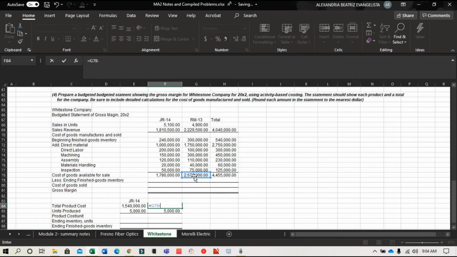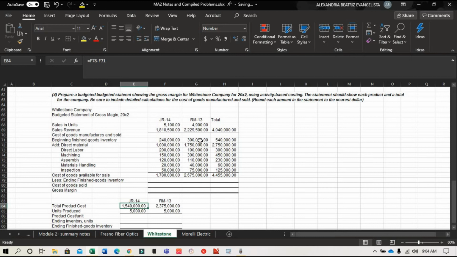So the total product cost for JR14 is 1,540,000, and for RM13 that is 2,375,000.